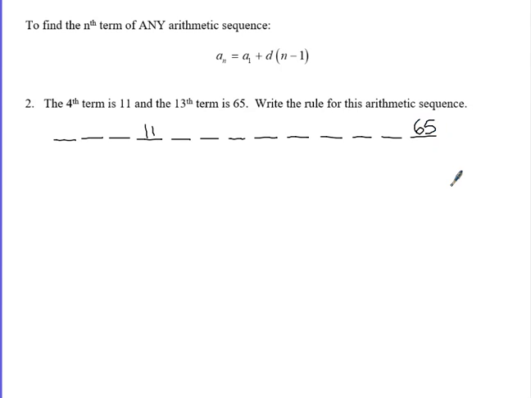We need to find 2 pieces of information, the difference and the first term. Let's start with the difference. Whatever that happens to be, we know that we are adding D each time to get to the next term. So, to get from the fourth term to the 13th term, you're going to add the common difference 9 times.